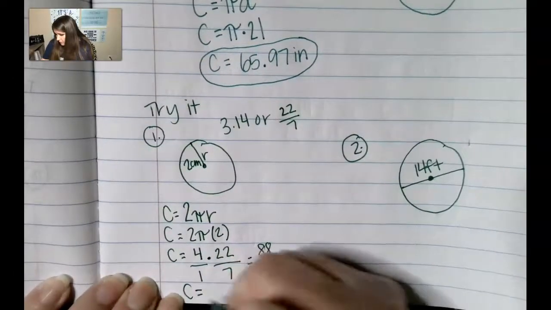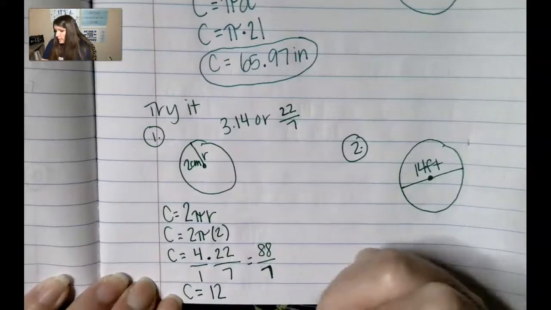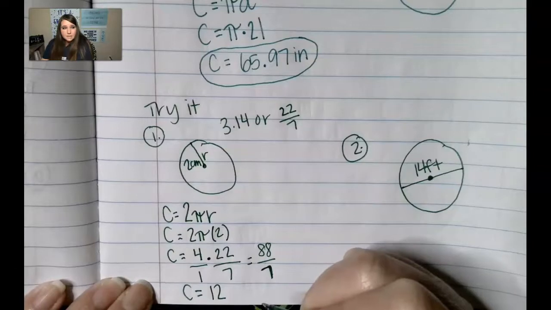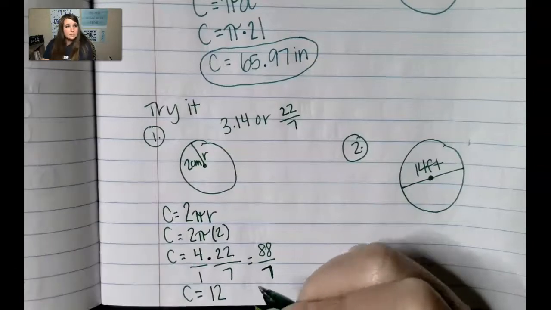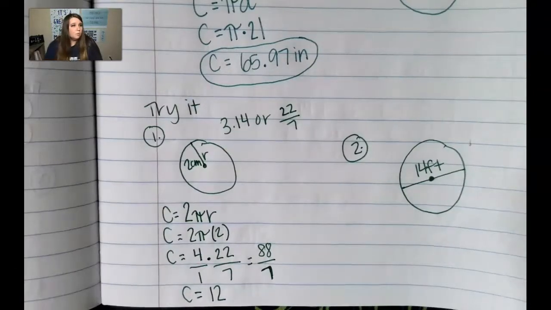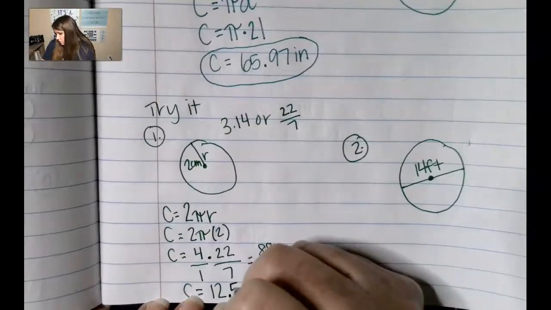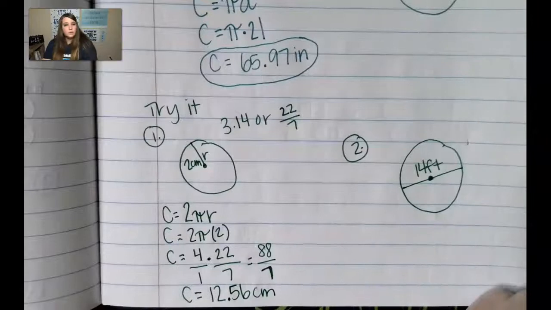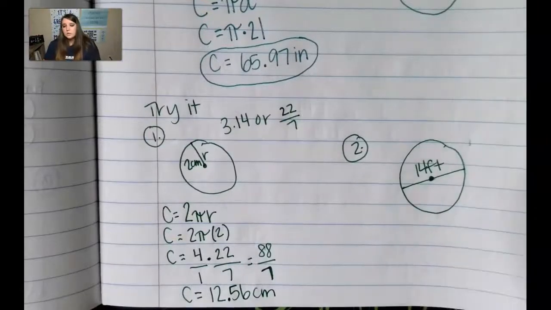So centimeters equals 12. And then we would have 4/7 left. They say that 4/7 is about 56 hundredths. And that is centimeters. So you have to convert that to hundredths.